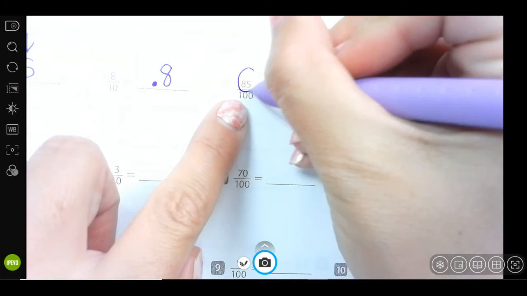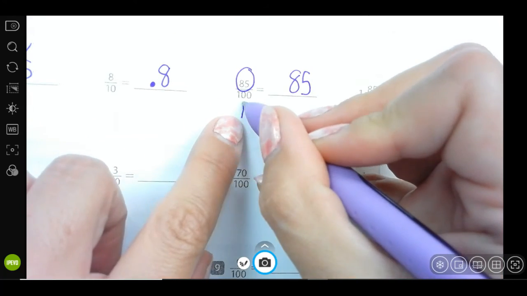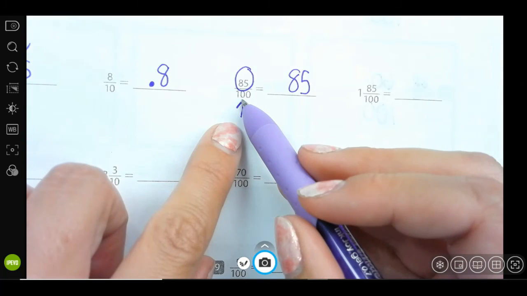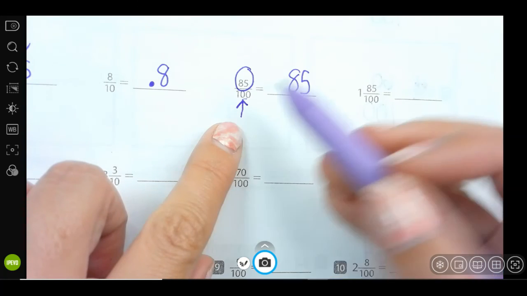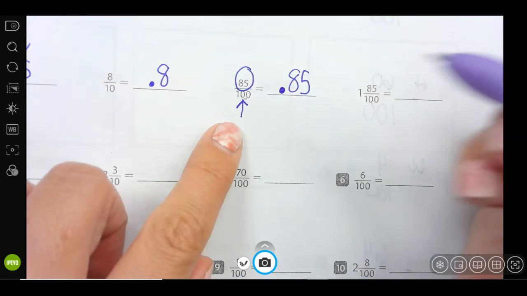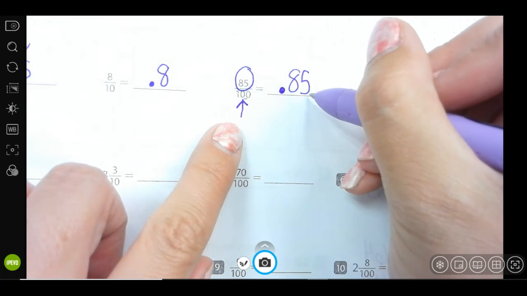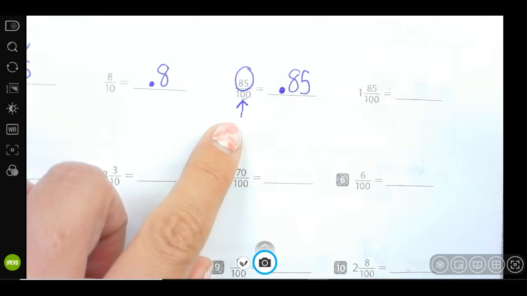So we're going to take 85. And it needs to be in what place value? The hundredths. So we're going to put a decimal point here. The 8 is in the tenths. The 5 is in the hundredths.